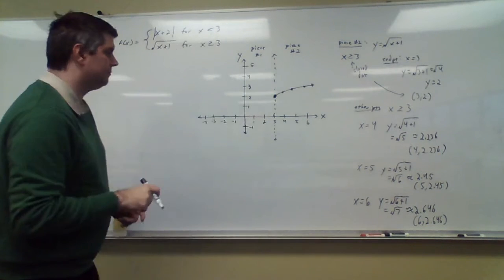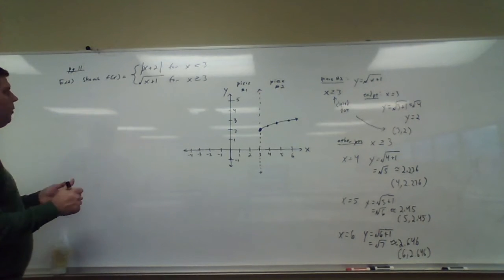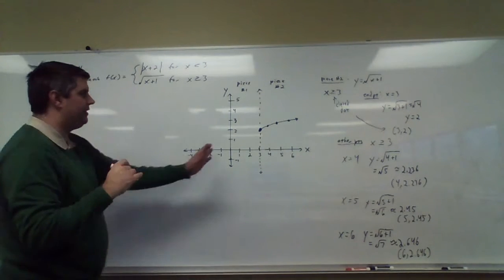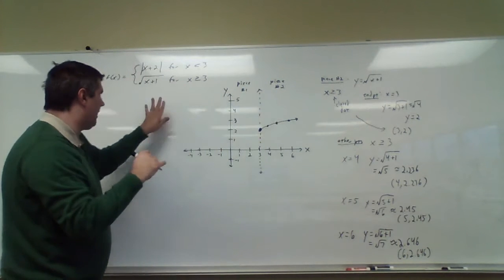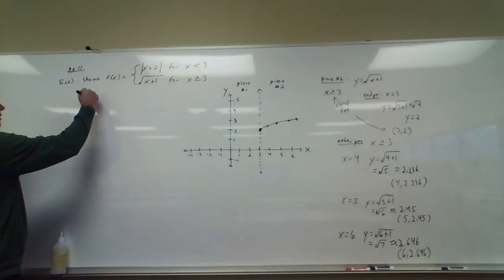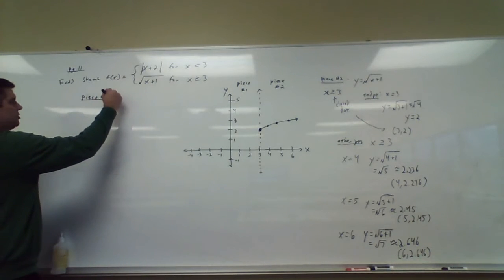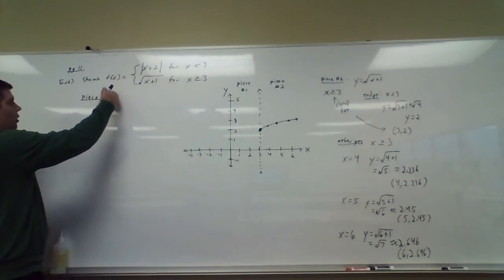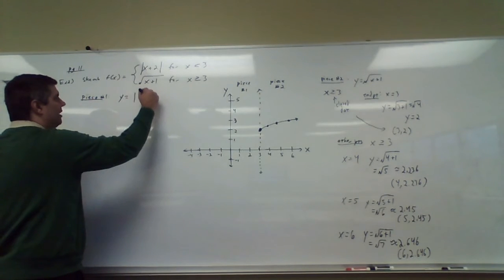All right. So we also need to do piece number 1. If piece number 2 goes this way, any other piece would have to go this way. So piece number 1 follows the rule y equals the absolute value of x plus 2.